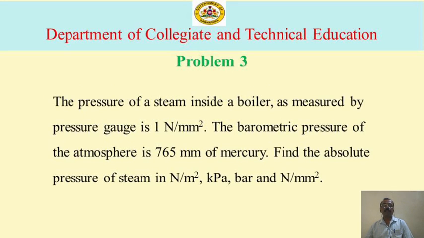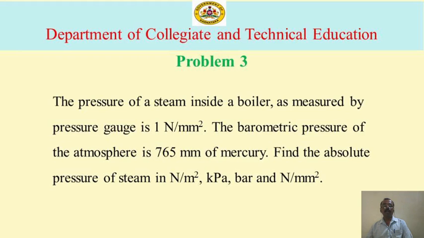Next, problem 3. The pressure of steam inside a boiler as measured by a pressure gauge is 1 Newton per millimeter square. The barometric pressure of the atmosphere is 765 millimeter of mercury.